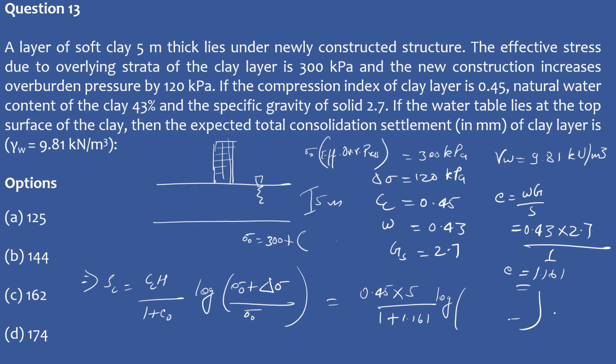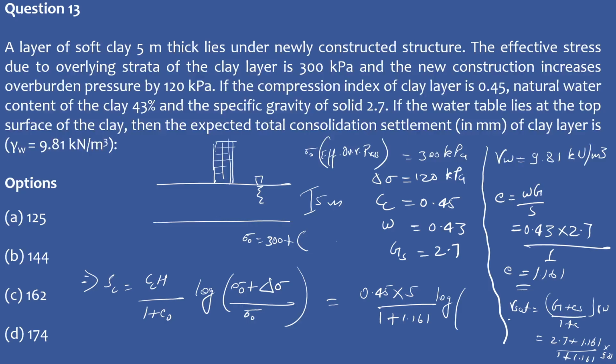For calculation of this, we'll perform it here only. So your gamma saturation is none other than (G plus e S) gamma W over (1 plus e), and this G is basically your 2.7, e S is 1.161, and 1 plus e is 2.161, gamma W is 9.81, right?